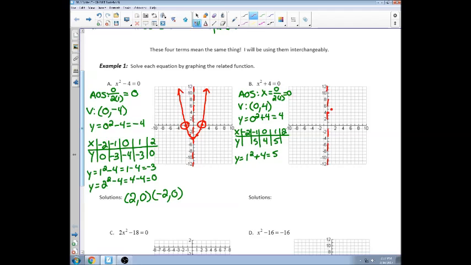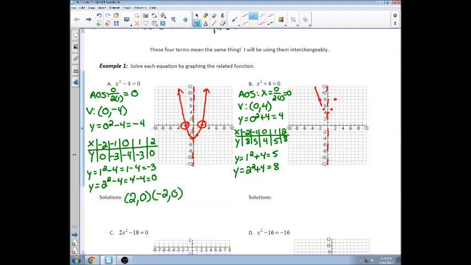From 0, 0, I go left 1, up 5. Now, I need to solve for x being 2. So y equals 2 squared plus 4. 2 squared is 4, plus 4 would get me 8. So again, I start at 0, 0, I go right 2, up 8, and I can go left 2, up 8.